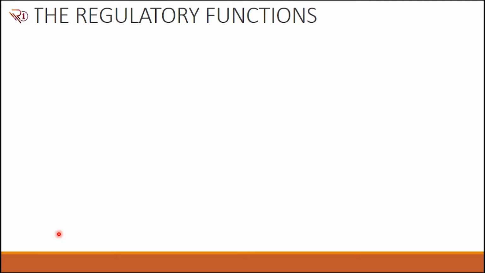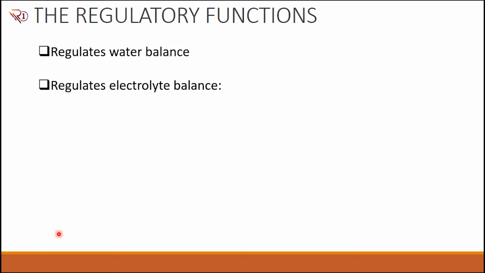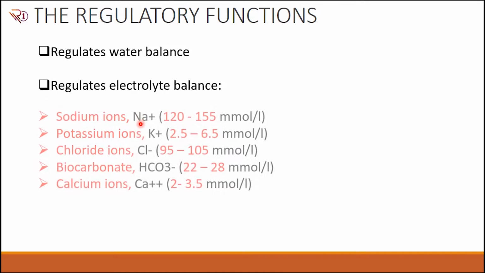Okay, so what does the kidney regulate? It regulates water balance. It regulates electrolyte balance. But there are some important electrolytes you should know as a medical student or as a doctor. What are these?